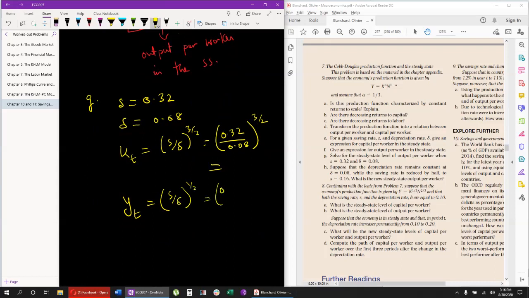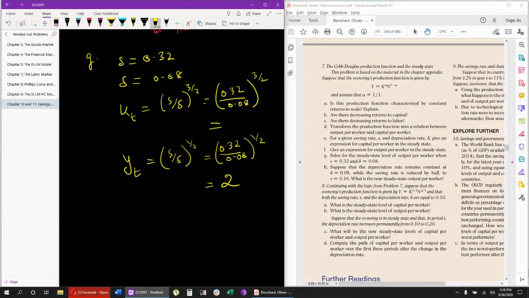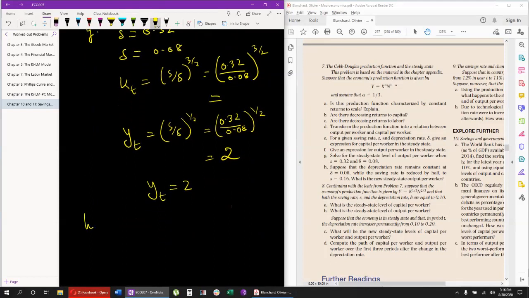So that will be (0.32 by 0.08) to the power 1/2. That is 2. That's it. So output per worker is 2. Each worker gives us 2 units of output. That's part G. Let's move on to part H now.